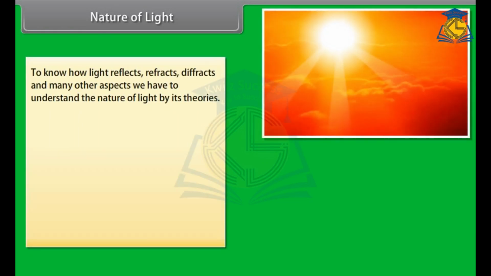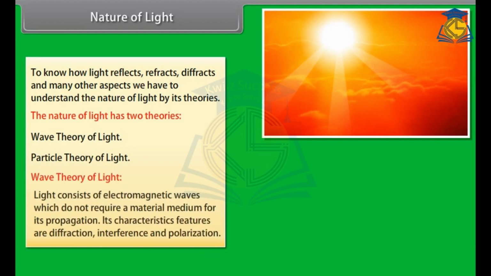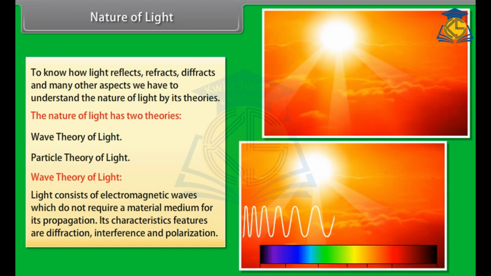Nature of light. To know how light reflects, refracts, diffracts, and many other aspects, we have to understand the nature of light by its theories. The nature of light has two theories: wave theory of light and particle theory of light. Wave theory of light. Light consists of electromagnetic waves which do not require a material medium for its propagation.